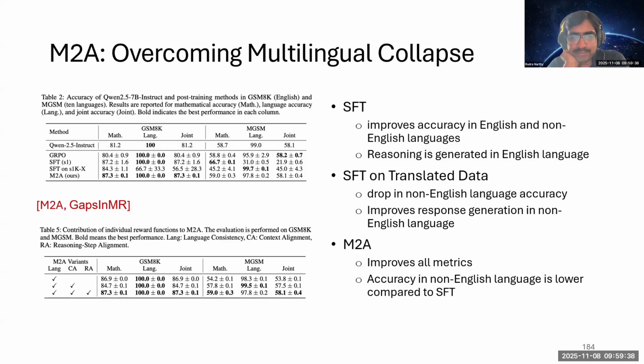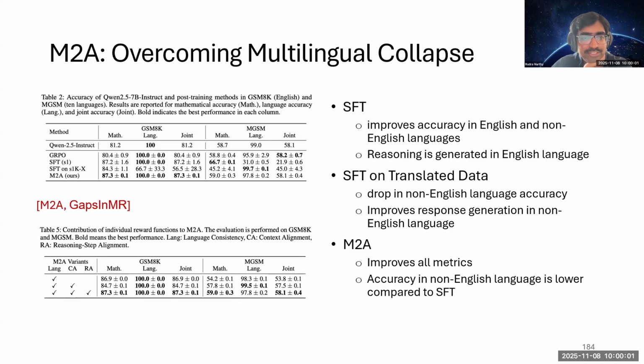And what they observe is, if you perform vanilla supervised fine tuning, it improves accuracy in both English and non-English languages on the downstream task, as expected. However, if you look at the first table, MGSM, we have the math accuracy as well as the language accuracy.